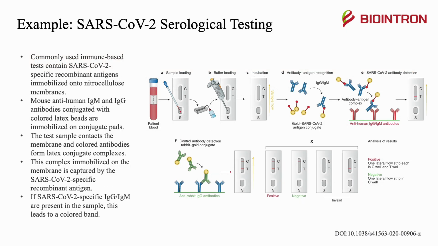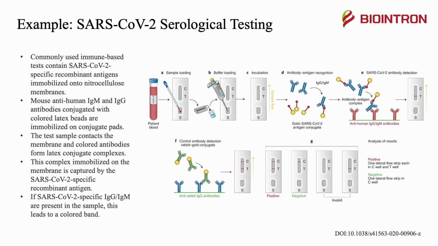An example of using antibodies as a diagnostic tool is SARS-CoV-2 serological testing. Commonly used immune-based tests contain SARS-CoV-2 specific recombinant antigens immobilized onto nitrocellulose membranes. Mouse anti-human IgM and IgG antibodies conjugated with colored latex beads are immobilized on conjugate pads.